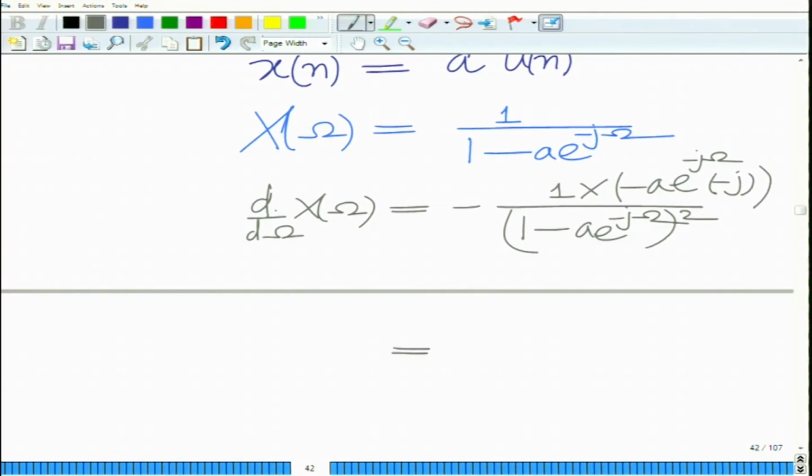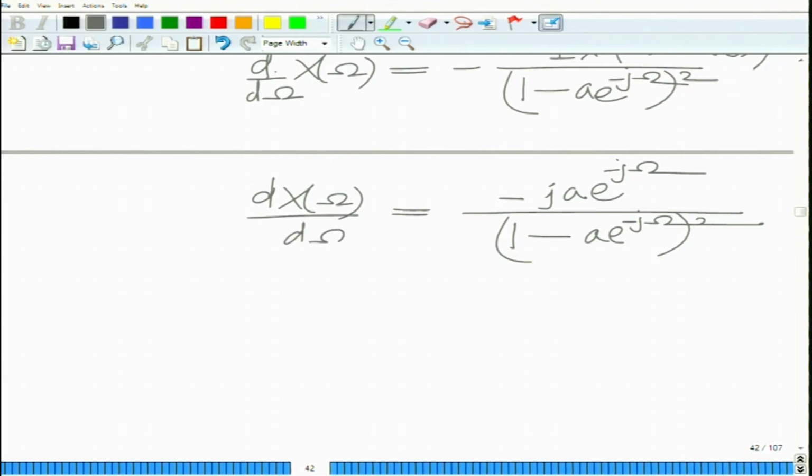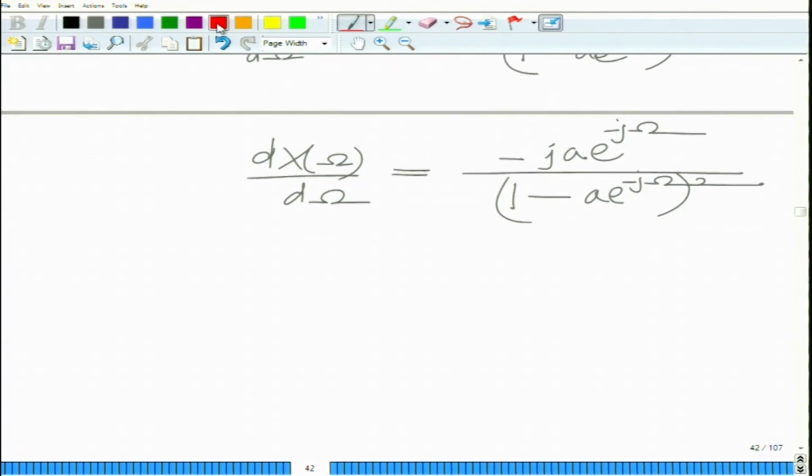Now if you simplify this, this is minus j a e raised to minus j omega divided by 1 minus a e raised to the minus j omega whole square, that is your dX(omega)/d omega, the derivative of X of omega.